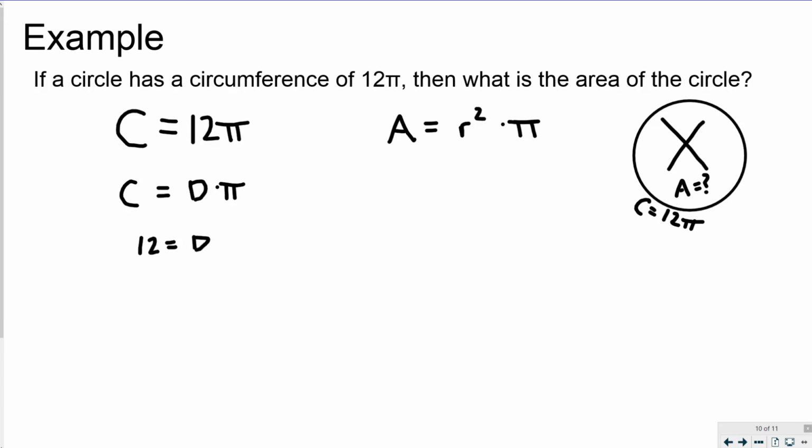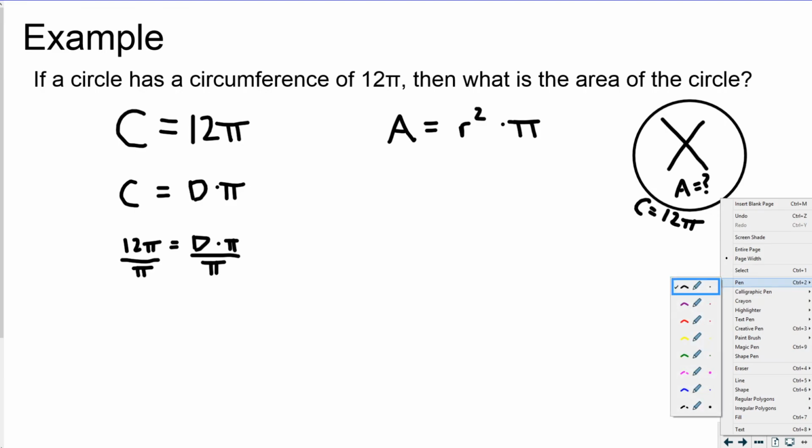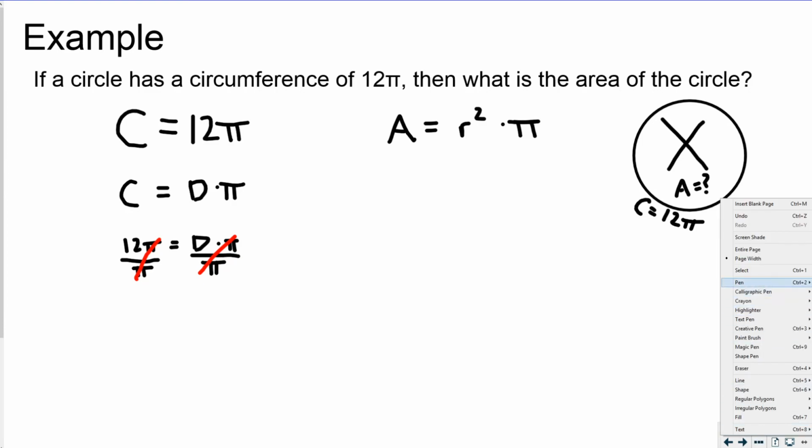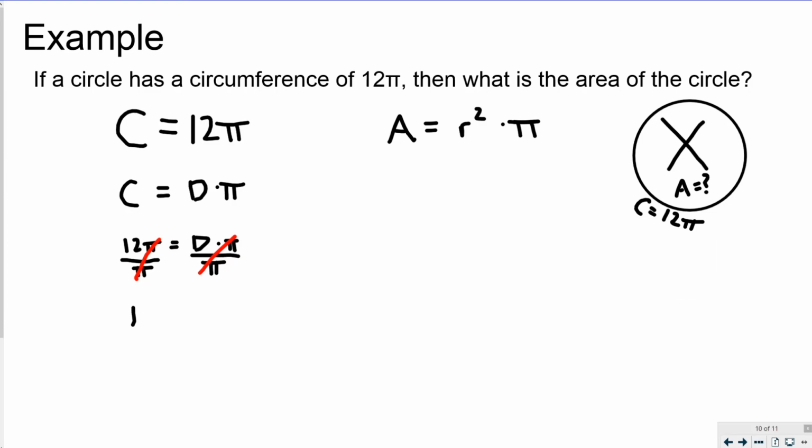Oh, I did not put my pi here. 12 pi equals, I need to use the eraser. 12 pi equals the diameter times pi. So now I can divide both sides by pi. Since pi is just a number, 3.14, the pi's will cancel out on both the top and the bottom. So they'll cancel here and they'll cancel here. So that leaves me with the stated fact that 12 equals the diameter.